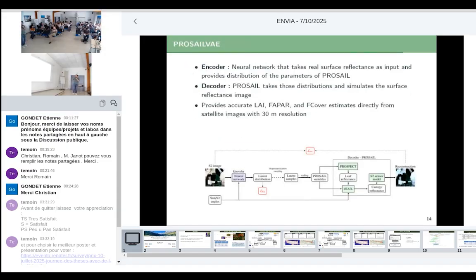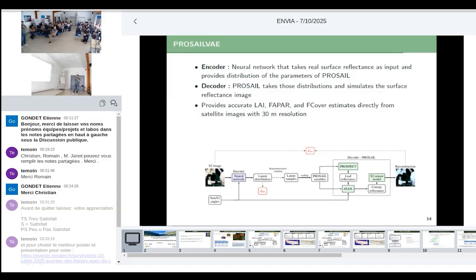PROSAIL-VAE is a variational autoencoder that decomposes into two parts, the encoder part and the decoder part. The encoder is simply a neural network that takes the original surface reflectance and provides a distribution of the parameters for the decoder.